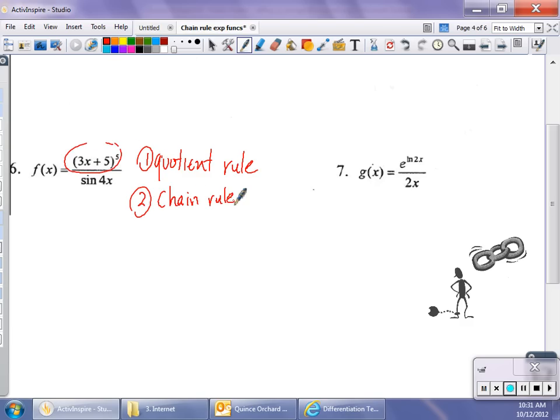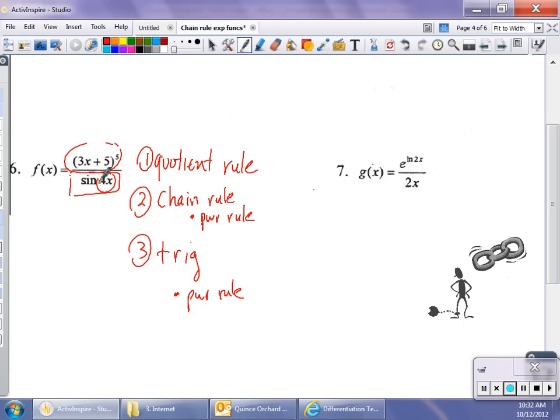And in the midst of that chain rule, I'm going to need the power rule. And then in the denominator, I see trig. And in the midst of that trig, I see the power rule, because when I take the derivative of the angle, which is 4x, I'm going to need the power rule.